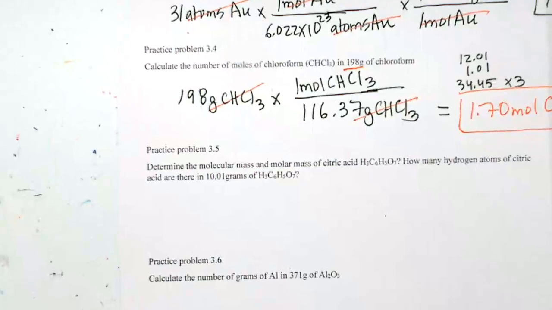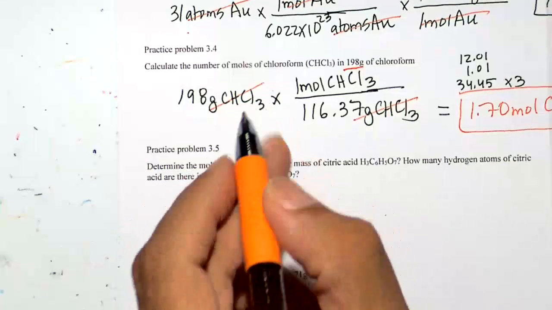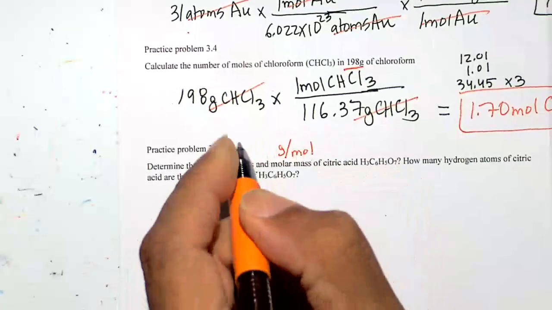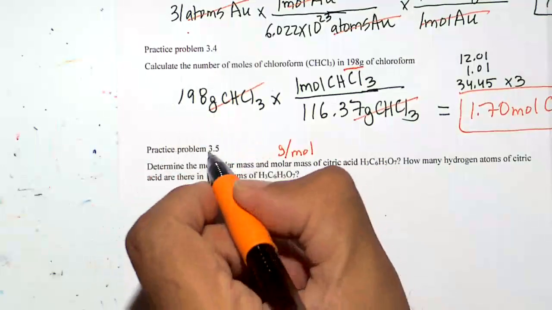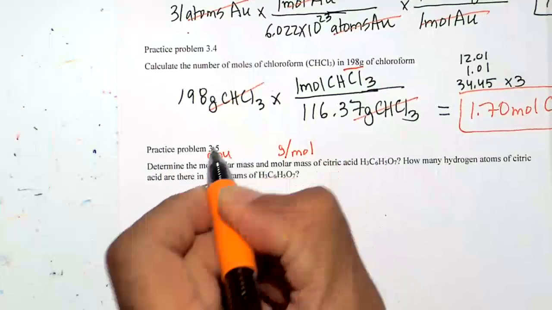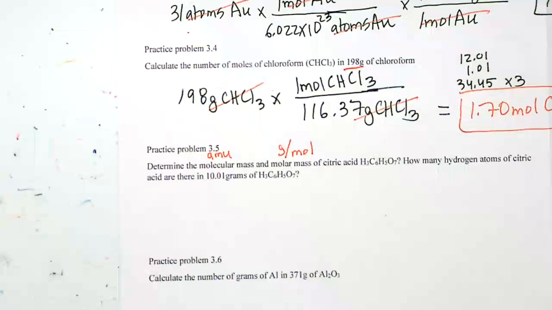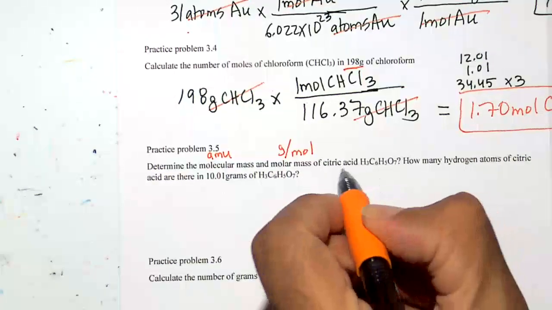All right, determine the molecular mass and molar mass of citric acid. How many hydrogen atoms of citric acid are there in 10.01 grams of citric acid? Okay, so this is a complicated one. First of all, the molar mass is grams per mole. And then the molecular mass, it's AMU. It's the same number, just different units.